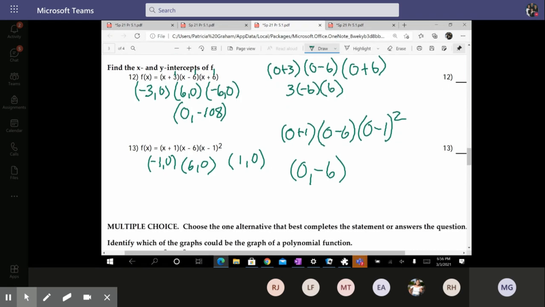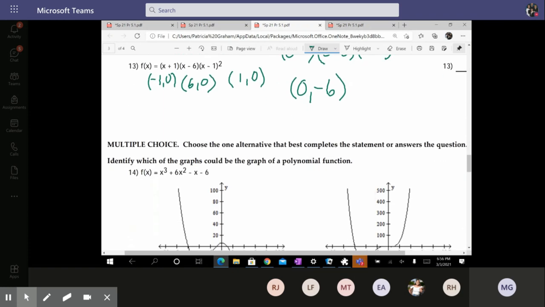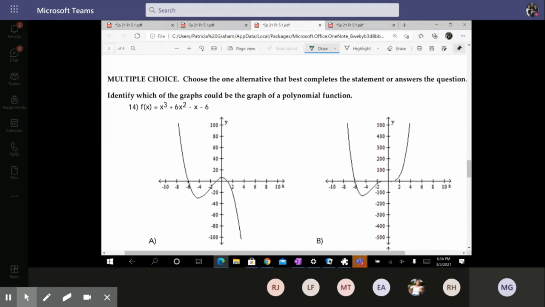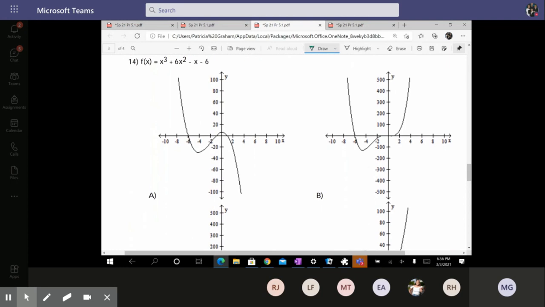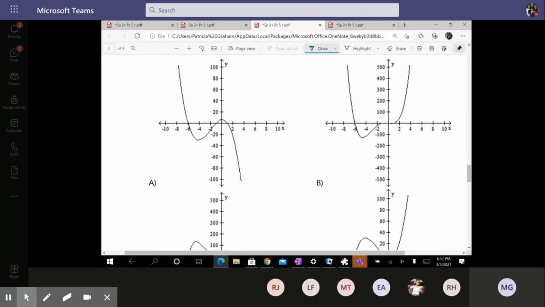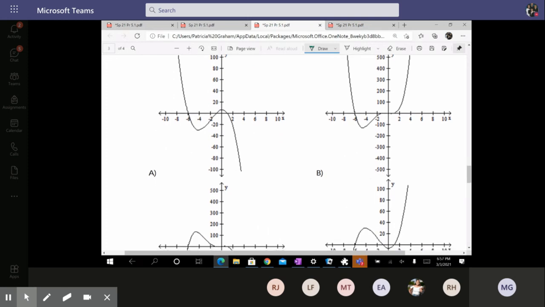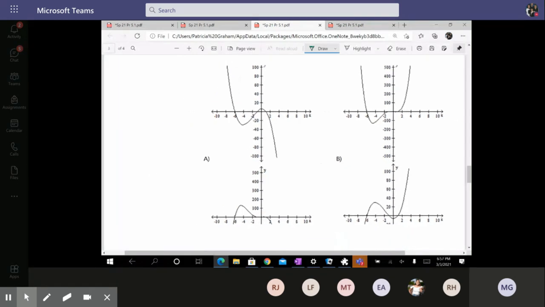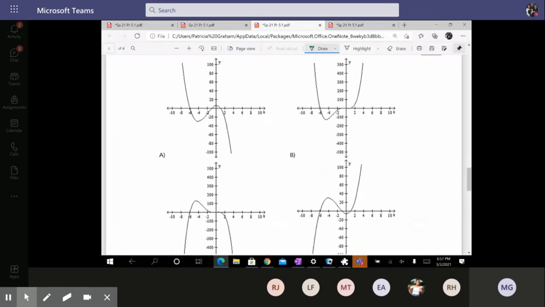So let's look at problem 14. What's the degree of 14? 3. So looking at these graphs, if I have a degree of 3, which two of these graphs could I throw out?